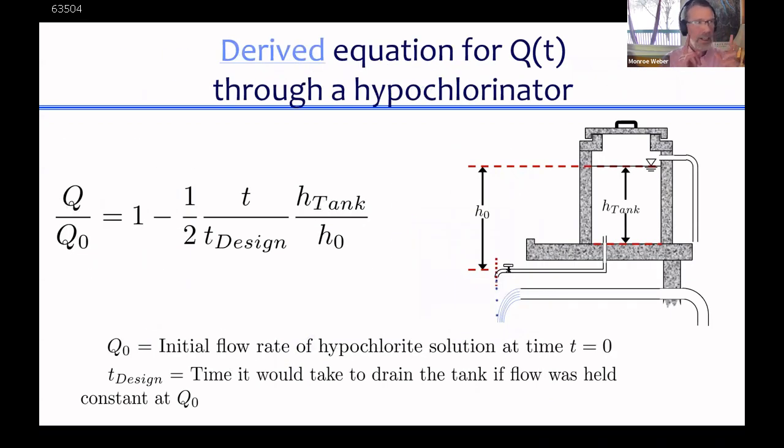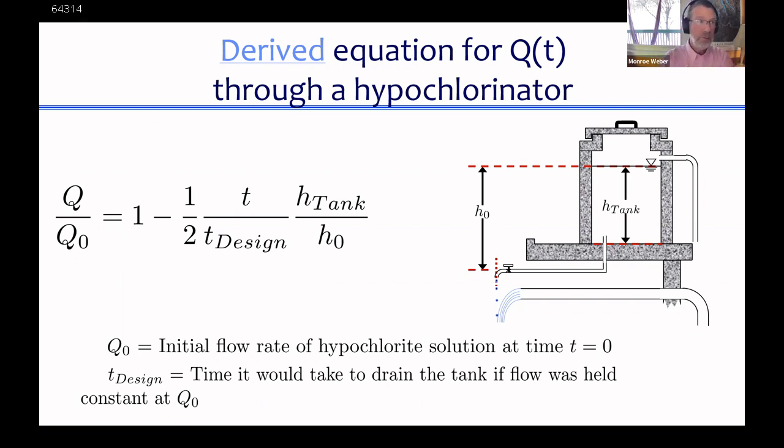This is a result of taking into account the orifice equation, or another head loss, like minor loss coefficient equation, and tracking volume in the tank as a function of time, and having an equation that relates the height of the chemical in the tank and the volume of chlorine in the tank.